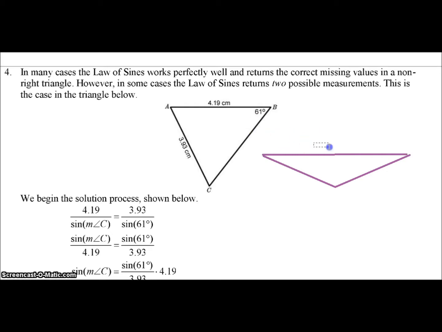Like, we could have 4.19 here, 3.93 here, and 61 here.